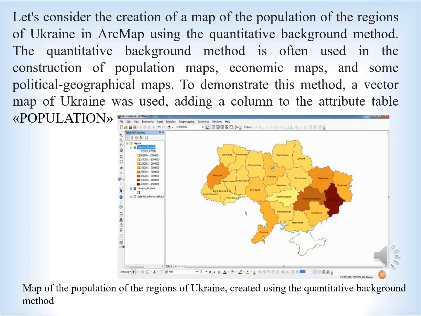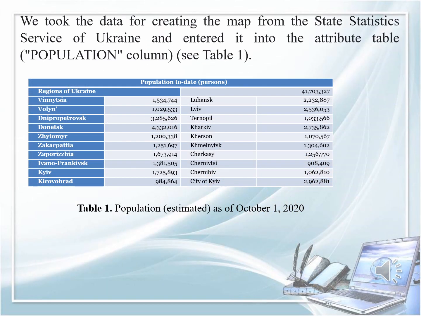Map of the population of the regions of Ukraine created using the quantitative background method. We took the data for creating the map from the State Statistics Service of Ukraine and entered it into the attribute table, population column. See Table 1. Table 1. Population estimated as of October 1st, 2020.